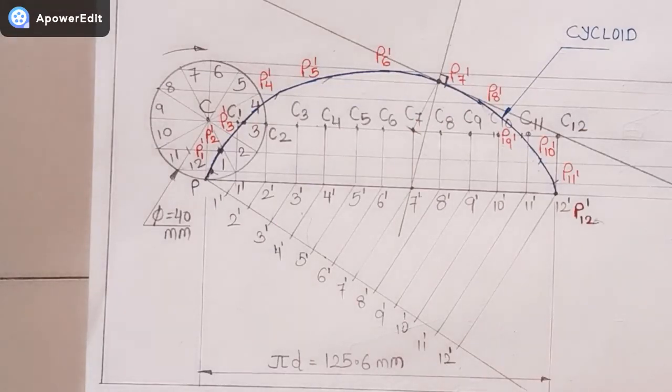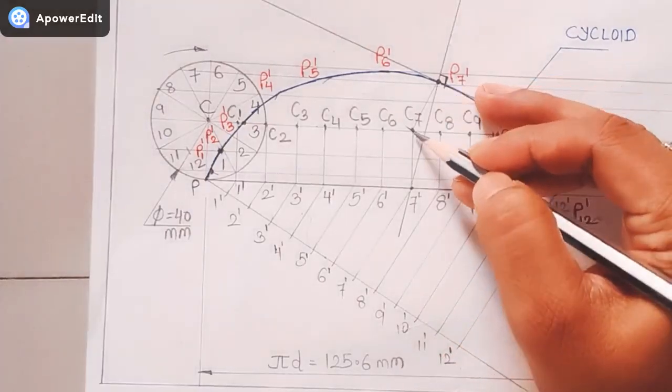I'll repeat this step once again. I have taken a point, say P7. From the point, I have drawn a random tangential line. From that P7 point, I have to take a radius of 20 mm because the diameter of the circle is given as 40 mm. From the point P7 I am marking an arc.